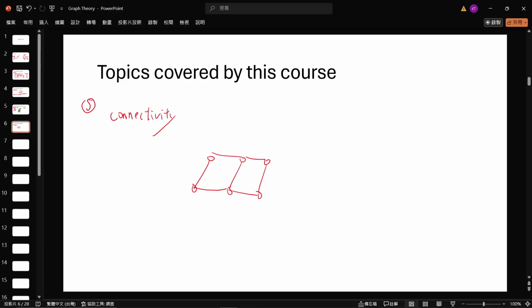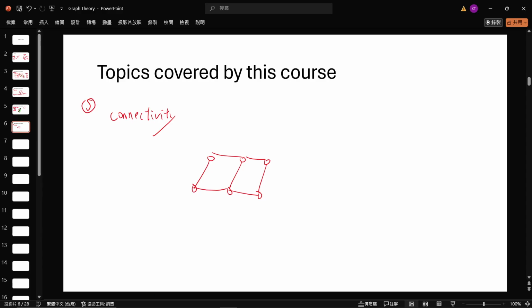So if this is gone, then these 3 edges are gone. But you can see that after I remove this vertex and the 3 edges, the graph is still connected. You do not separate the whole graph.